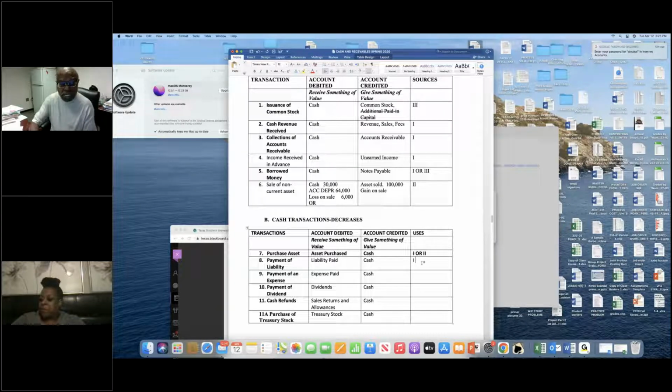Payment of an expense is going to be in part 1. Payment of a dividend is going to be in part 3. Cash refund is typically going to be in part 1. And a purchase of treasury stock is going to be in part 3.